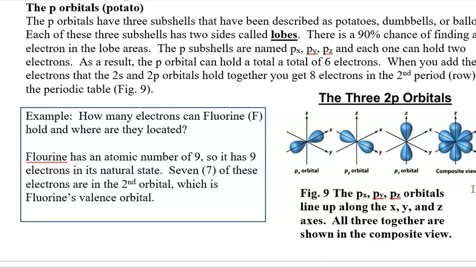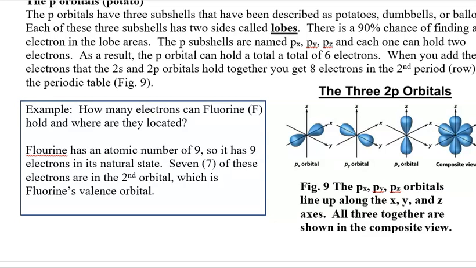So all we're doing is taking the second orbital that we always knew had 8 electrons, and we're saying, okay, it has 8 electrons, but 2 of them are in a little bit lower energy level called the s energy level, and up to 6 of them are in the p energy level, which is a little bit higher energy level. All right? So we're just drilling down a little deeper into the structure of an atom now.